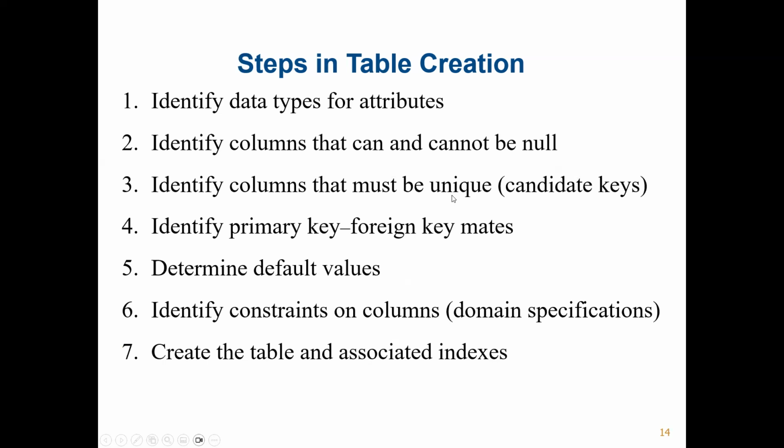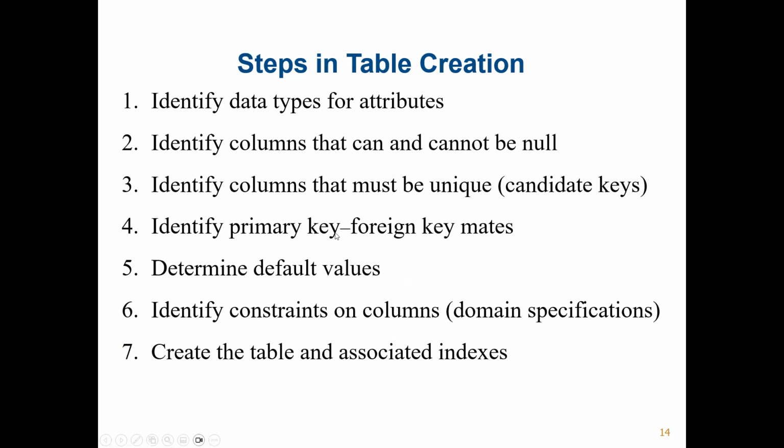And sometimes we may have a table with a composite key. A composite key means only one field cannot uniquely identify the record, so we may need two fields or more. Here we just have to identify all the possible candidate keys. Then we identify the main one, which is the primary key.